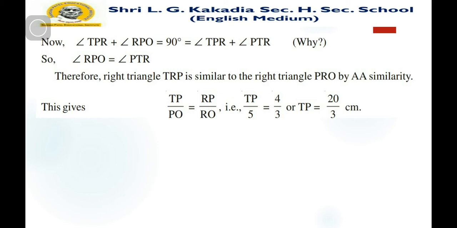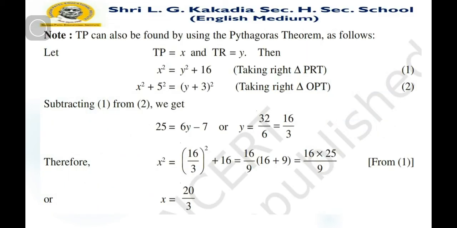So this way we can prove such examples using the properties of tangents. We can also solve this example in another way. TP can also be found by using the Pythagoras theorem as follows.